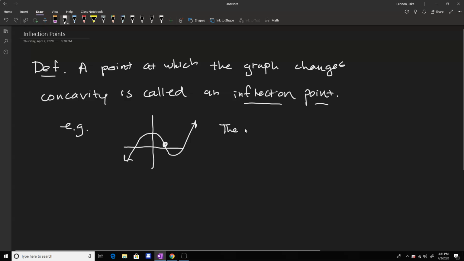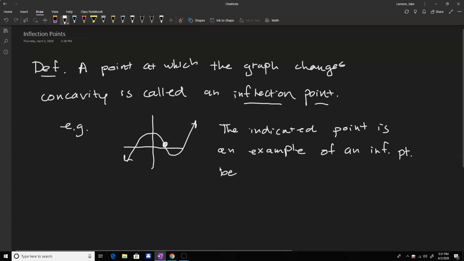So the indicated point is an example of an inflection point, because the graph changes from concave down to concave up.